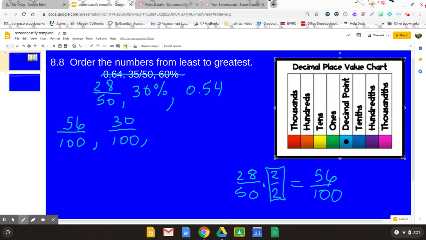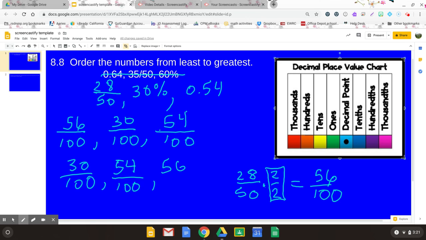And then if you look at the decimal 0.54, the 4 is in the hundredths place, so that tells me that it is 54 hundredths. Now I can organize them from least to greatest, so it's 30 over 100, 54 over 100, and 56 over 100.